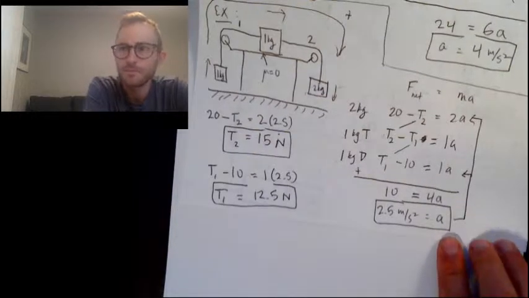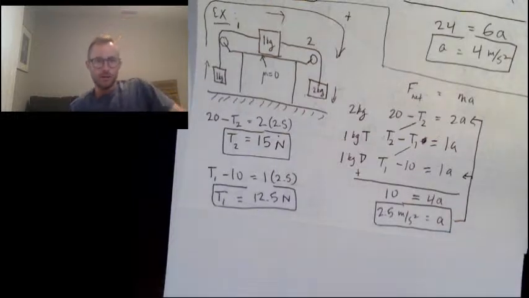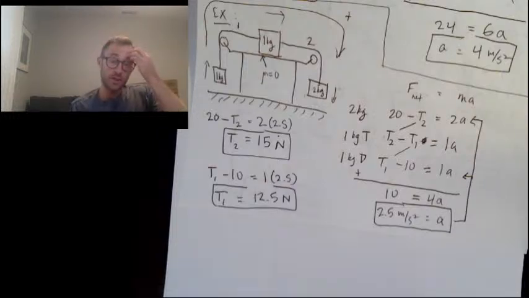So that's basically the lesson. I did want to say one more thing though, which is it is possible to have these multi-part systems questions where it is not obvious which direction the system is going to move. So therefore it's not obvious which direction friction is going to point.